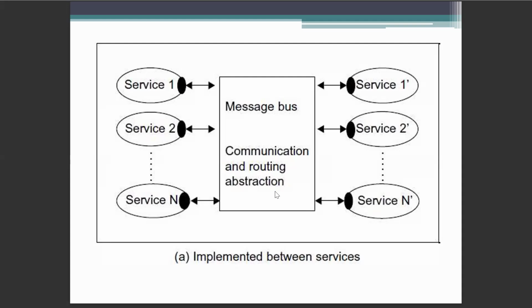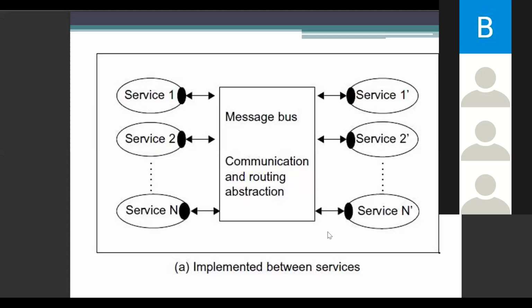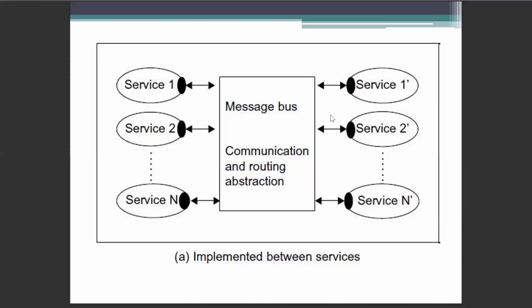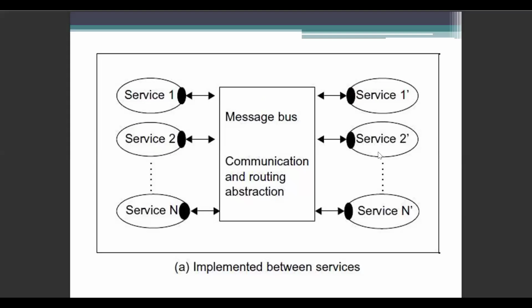Why we are using the communication and routing abstraction: see here, these are the services, and these are the replicas of the services. For example, service 1 wants to interact with service 2, so what happens here is that through the message bus they will be interacting.